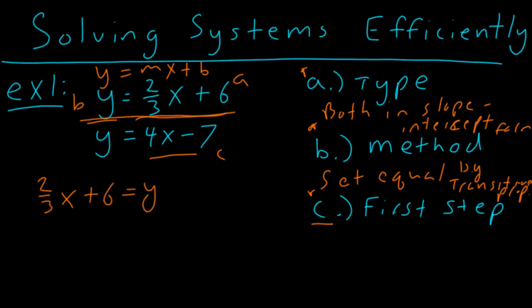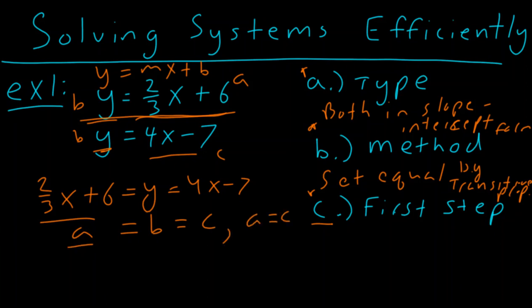All I did was take this line and flip it. But I also know that y is also equal to 4x minus 7. What are we really saying here? We're saying that A is equal to B is equal to C. Well, then by the transitive property, A must equal C. So look, if this equals this and this equals that, then this must equal that.